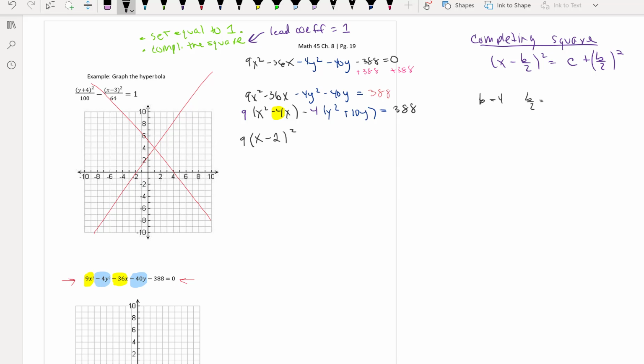I divide it by 2 to get 2. And now, remember, don't forget the b divided by 2 squared. But now that extra oomph is that I have to multiply it by the number out in front. So the number out in front is 9. So I need to multiply 9 by my b divided by 2 squared. So b divided by 2 is 2. 2 squared, 2 times 2 is 4.